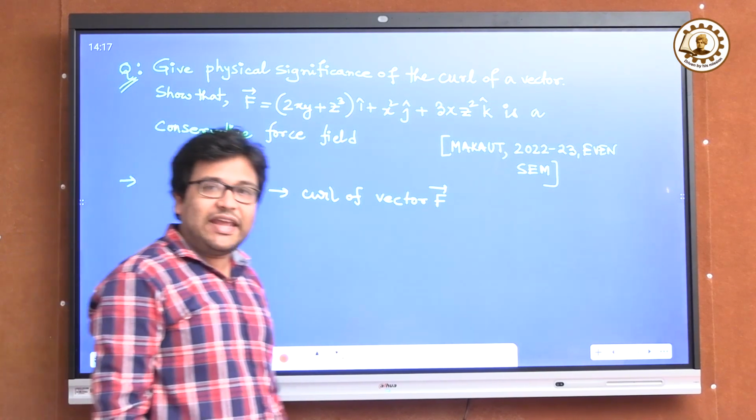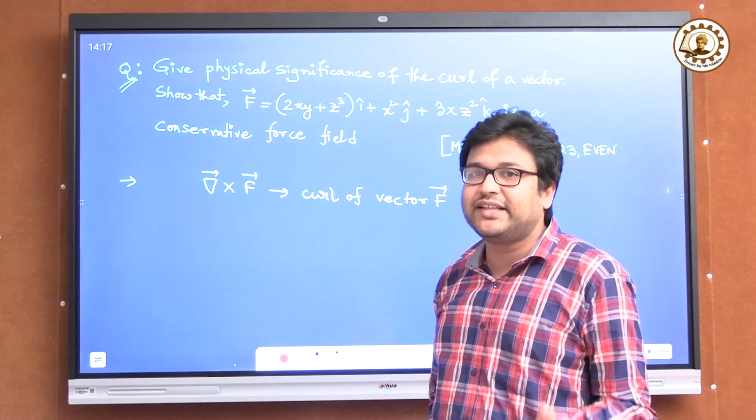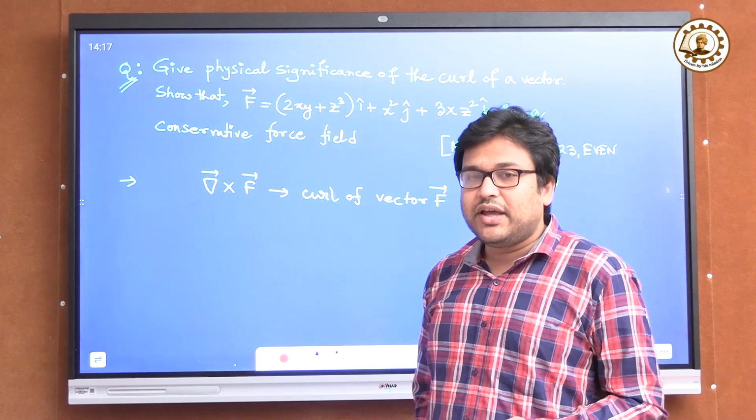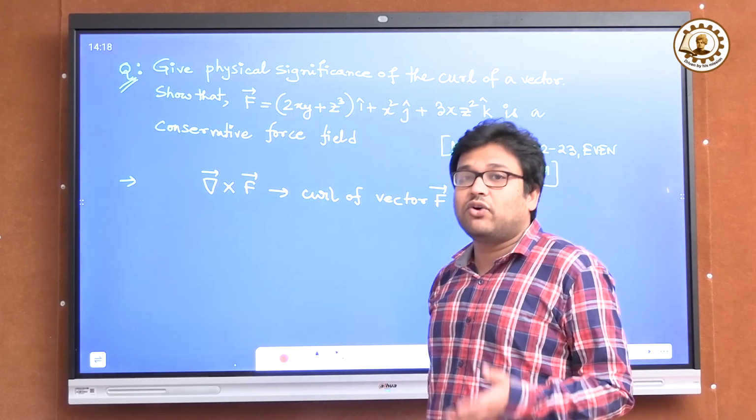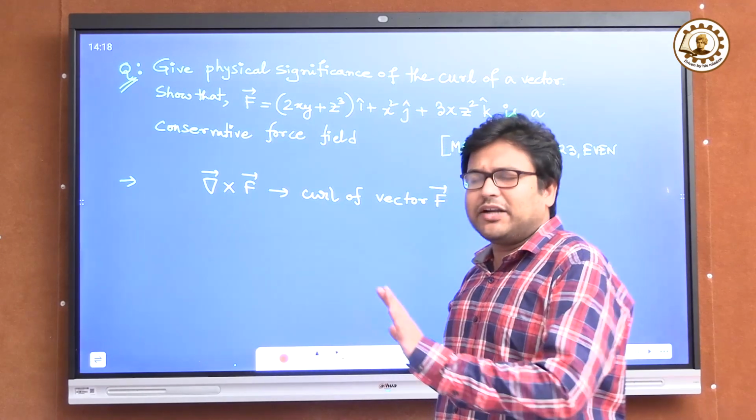If the curl of any vector is 0, it represents that the vector has no rotational tendency at a particular point. And if the curl is non-zero, then obviously it has a rotational tendency at that point.